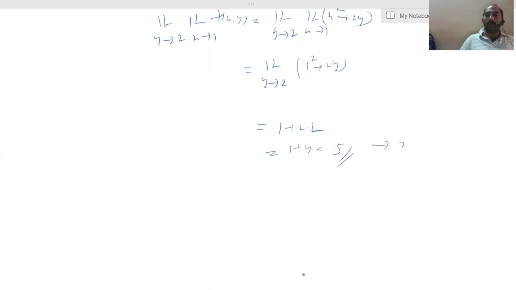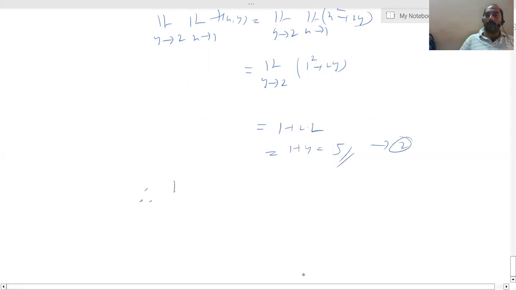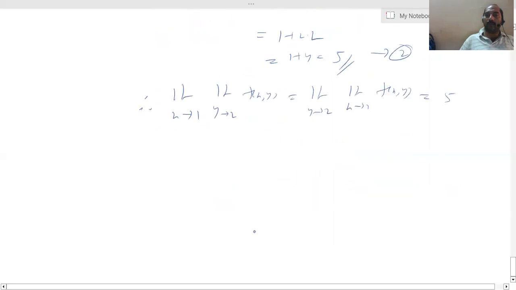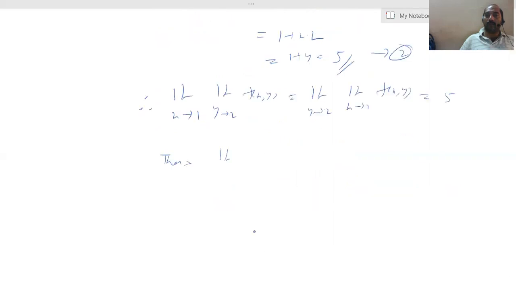See, both are equal. Therefore, limit x tends to 1, limit y tends to 2, f of x comma y equals limit y tends to 2, limit x tends to 1, f of x comma y. This value is equal to 5. Thus, the limit exists. Limit x comma y tends to 1 comma 2 of f of x comma y is 5. The limit value L is 5.